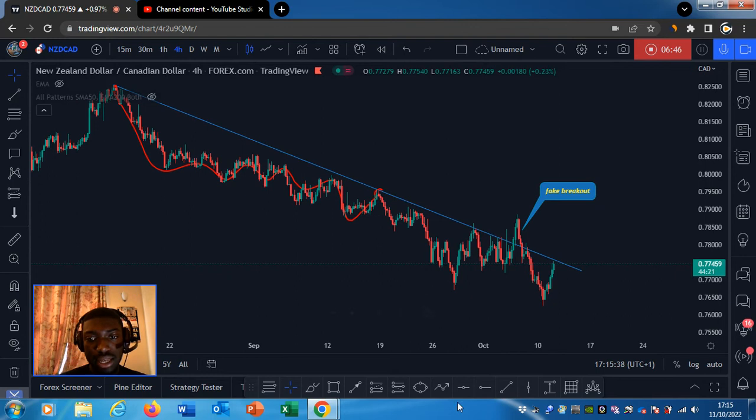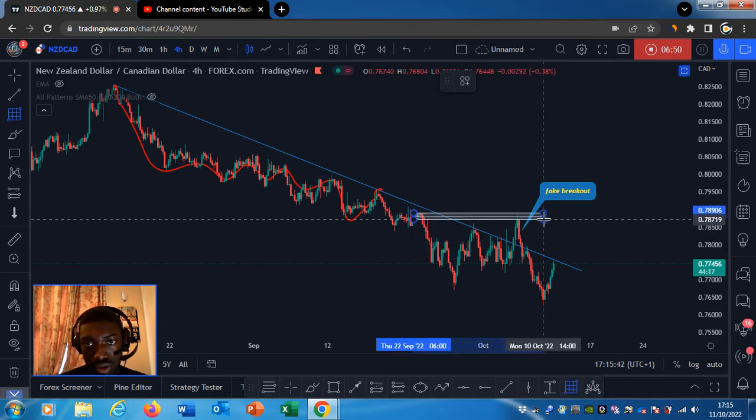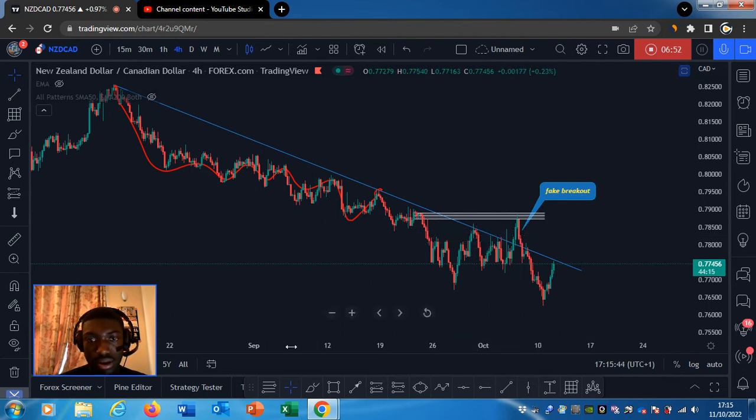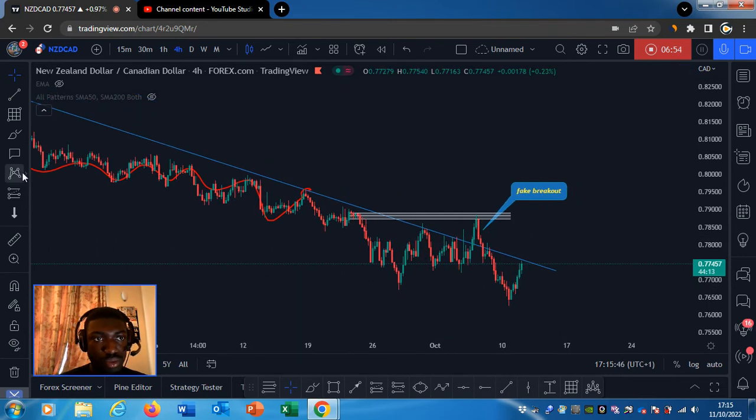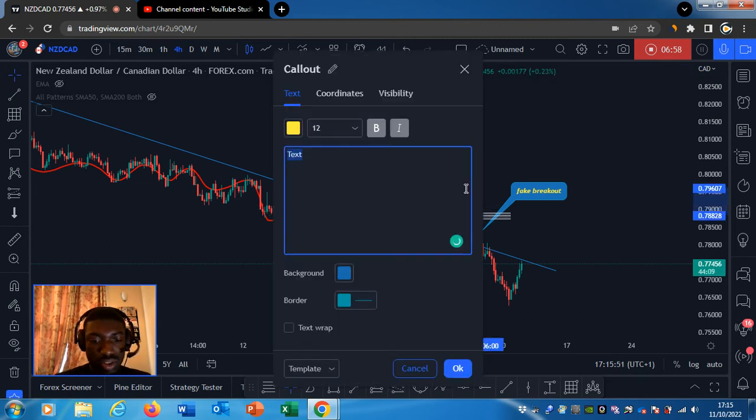So they call it, let me just point that out there for you. So this is a sellers' liquidity zone.